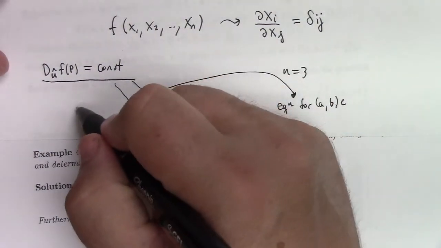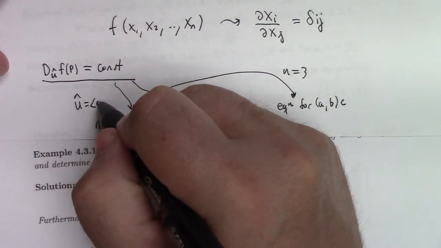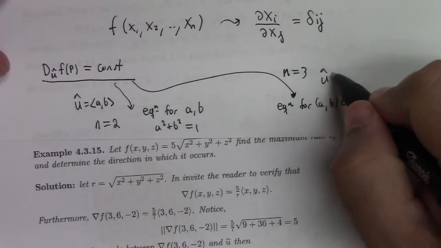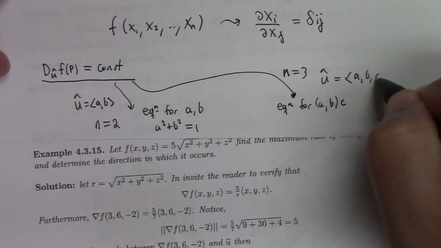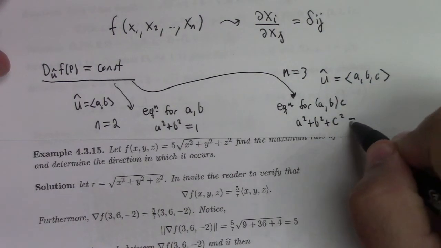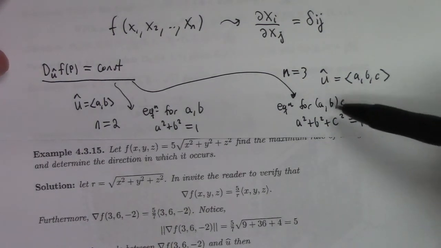So n equals 2, we have the unit vector as a, b. That's the main point here. N equals 3, the unit vector we're looking for is a, b, c, and now it's going to satisfy a squared plus b squared plus c squared equal to 1. When you look at a linear equation in a, b, c, that's like a plane.